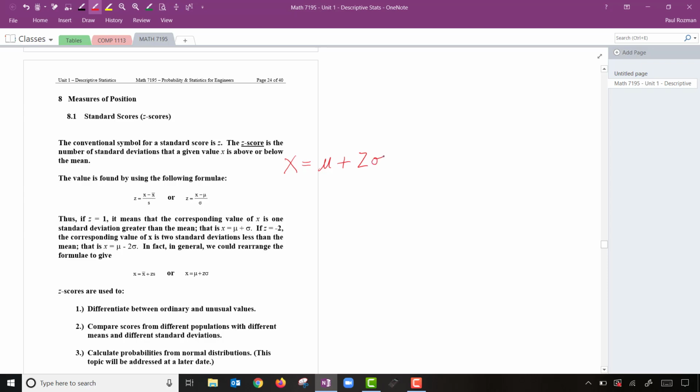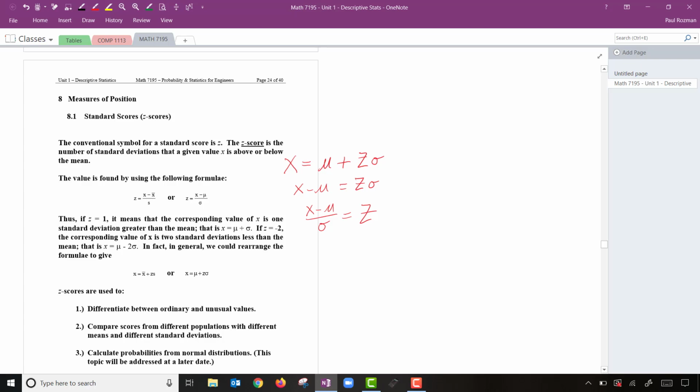I used a population example. If we rearrange this formula, we get x minus mu equals z sigma, so x minus mu divided by sigma equals z. Z is the number of standard deviations that a particular score is away from its mean. It can be positive or negative because you can be above or below the mean, and the sign will tell you which direction it's in.